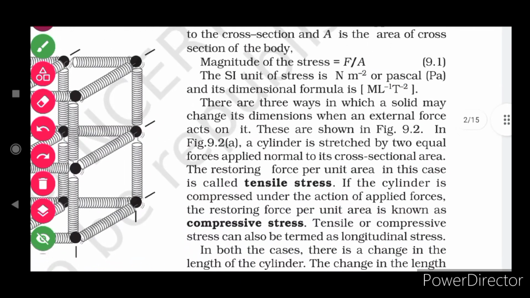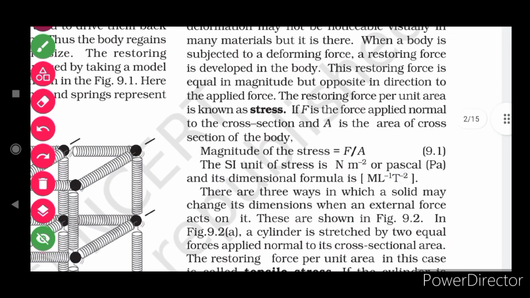Now, what is stress? As mentioned in this paragraph, the restoring force per unit area is stress. As I told you, when I displace this spring ball model or the elastic solid body, it comes back to its original position.